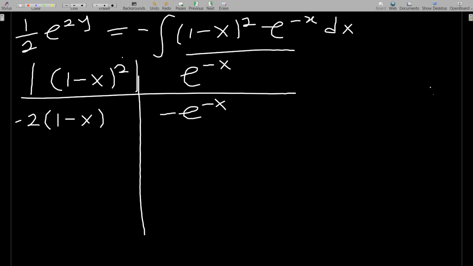Multiplying it, you get 2. I'm using the chain rule here. The power is 1 minus 1, so 0, and 1 minus x all to the power 0 is 1, so I'll get only 2. I just wanted to show you why I have 2. Then integrating minus e^(-x), I'll get positive e^(-x). The same process: when you differentiate this, you get 0, and when you integrate, you have minus e^(-x).